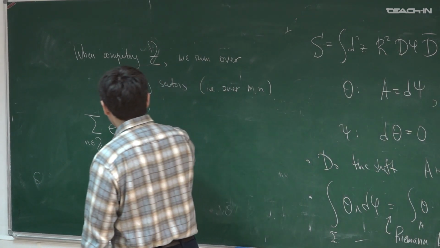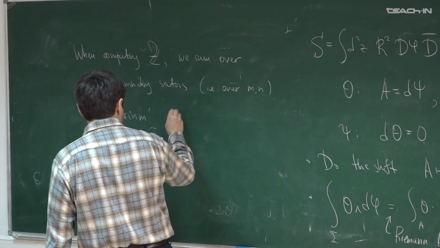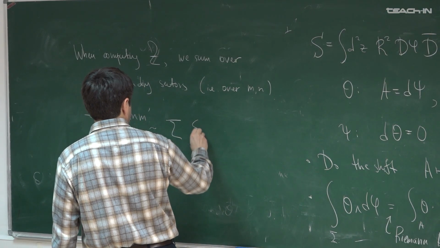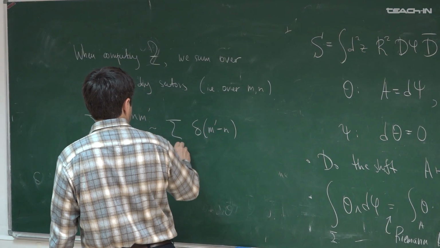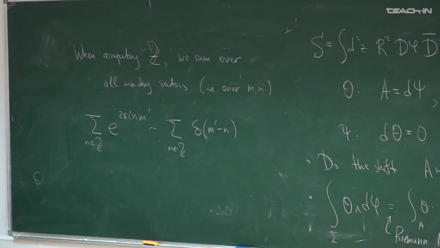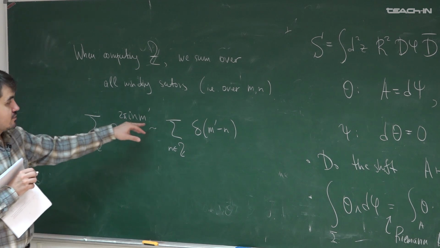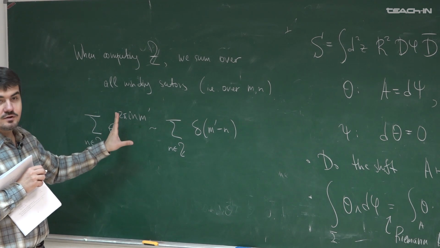So this is a periodic delta function, right? It says that m prime is an integer. If m prime is not an integer, then the sum is 0. If m prime is an integer, then this is infinity, strictly speaking.